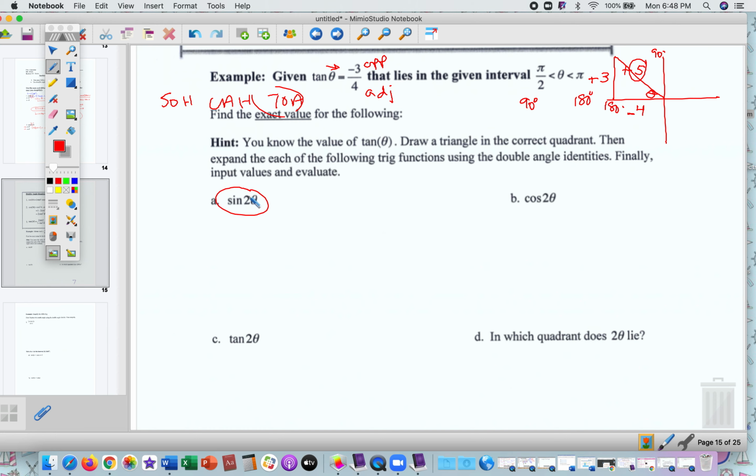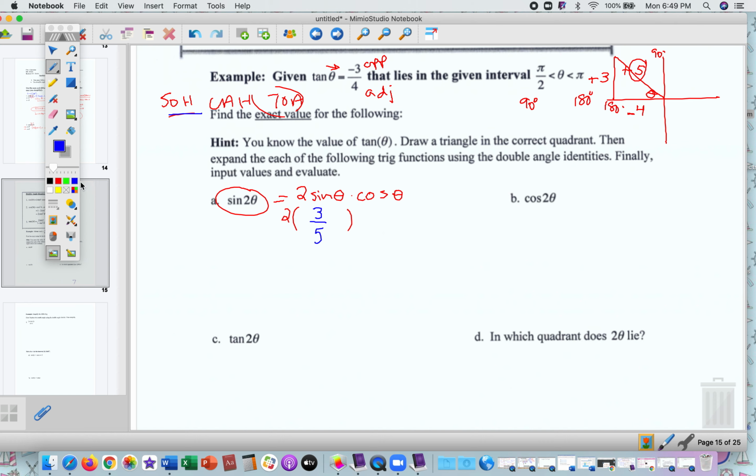So sine 2 theta. Looking at our formula above for double angles, sine 2 theta is equal to 2 sine theta times cos theta. And this is 2. So sine of theta, sine is opposite over hypotenuse. So opposite of theta would be 3 over hypotenuse would be 5.